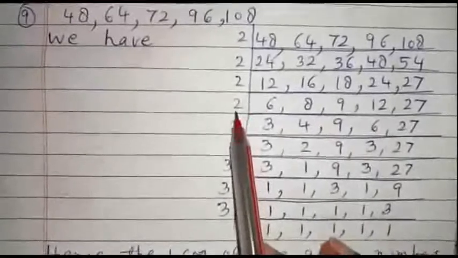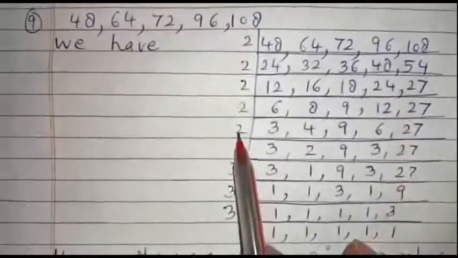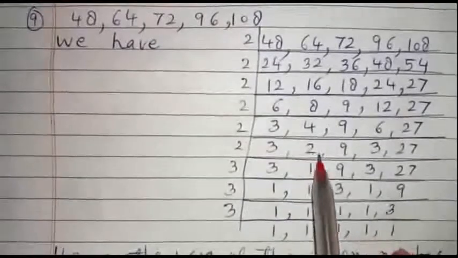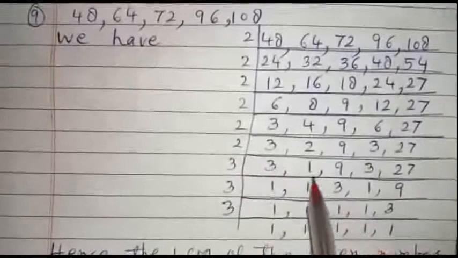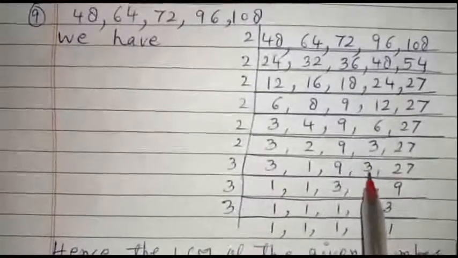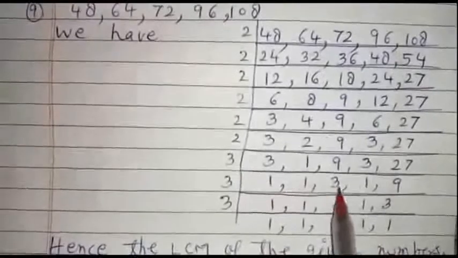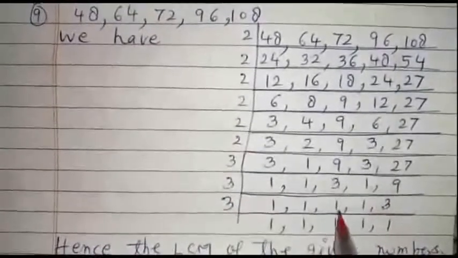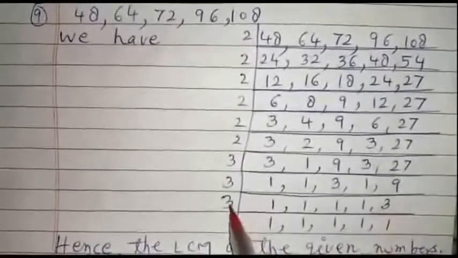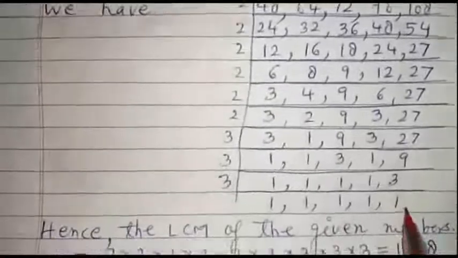Now we write 2, 3, 4, 9, 6, again 27. We write 2, 3, 2, 9, 3, 27 divided by 2, 3, 1, 9, 3, 27 divided by 3, 1, 1, 3, 1, 9 divided by 3, 1, 1, 1, 1, 3 divided by 3 will get 1, 1, 1, 1, 1.